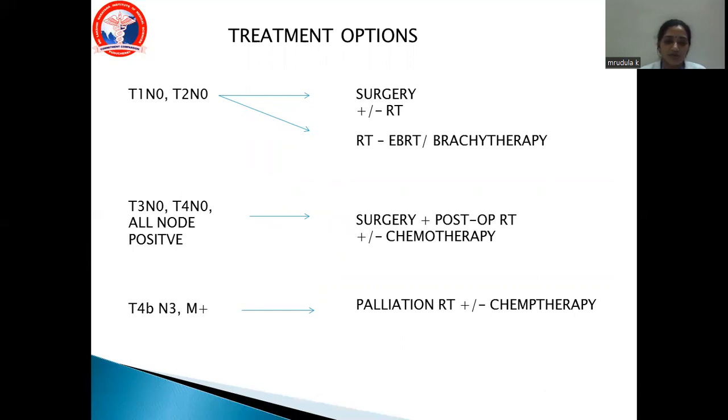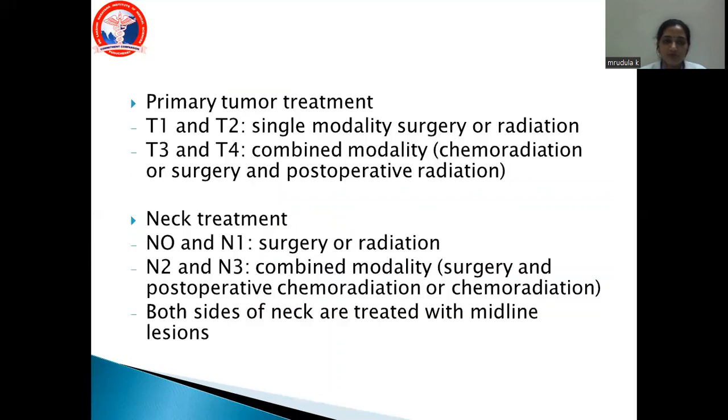For T3, N0, T4, N0, and all other node positive diseases other than N3, you can go for surgery plus postoperative radiotherapy, with or without chemotherapy. For T4B disease and stage 3 disease with N3, and with metastasis in stage 3 and 4, you can go for palliative radiotherapy plus chemotherapy.